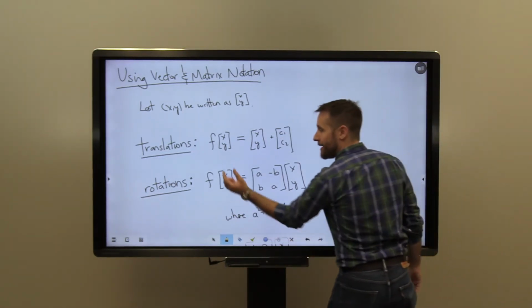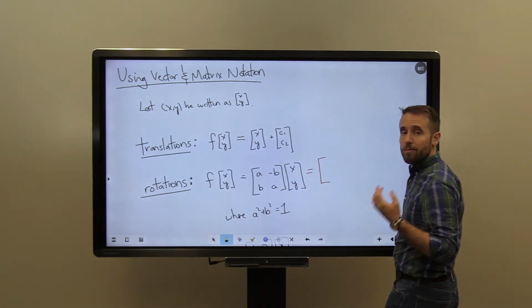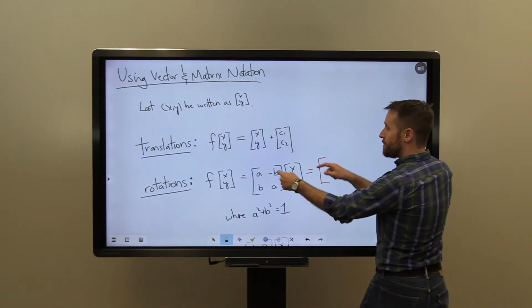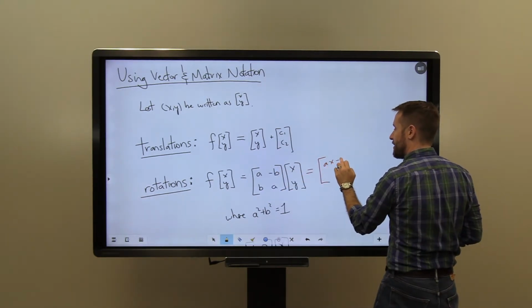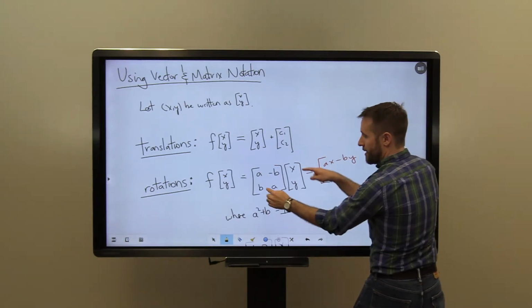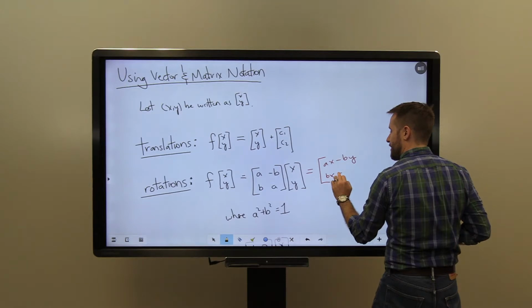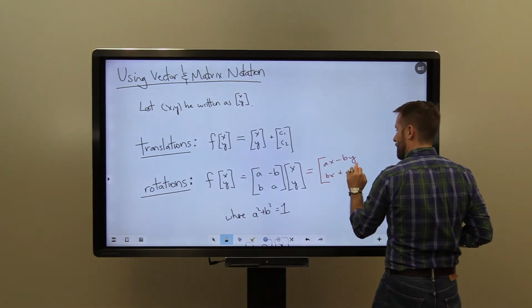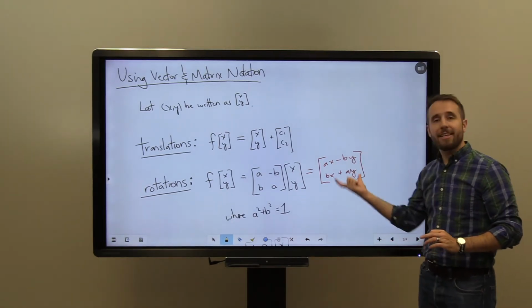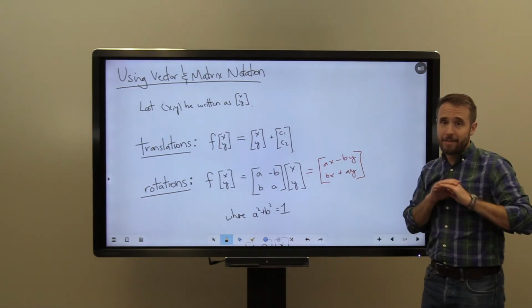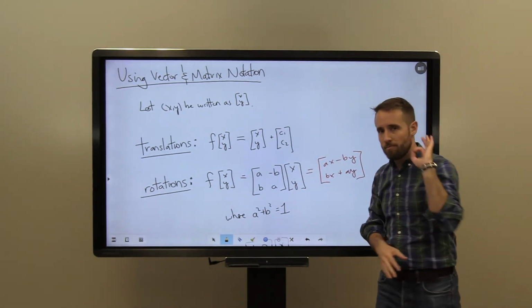We plugged in an element of R2 as an input. The output is also an element of R2 by our matrix multiplication. This becomes ax minus by as our top entry, and then bx plus ay as our lower entry. So in particular, this is still an element of R2 written as a column vector. So it's a function that takes elements of R2 in and spits out elements of R2. So we're good to go.